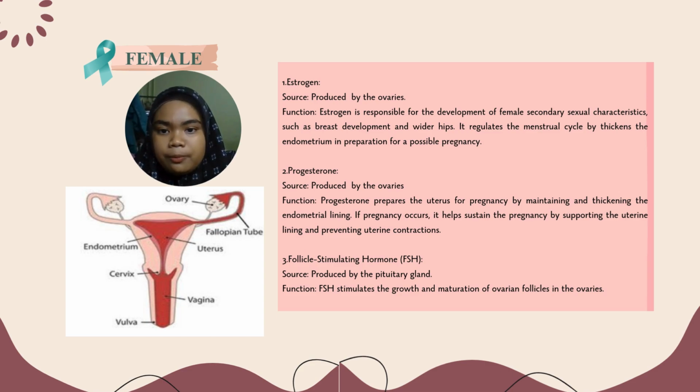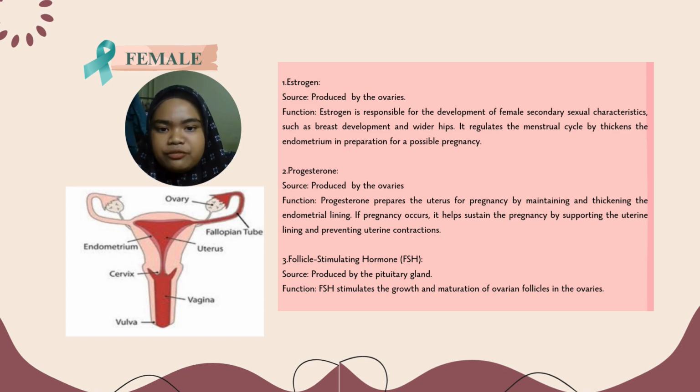Next, for progesterone, produced by the ovary, progesterone prepares the uterus for pregnancy by maintaining and thicken the endometrial lining. If pregnancy occurs, it helps sustain the pregnancy by supporting the uterine lining and preventing uterine contraction.